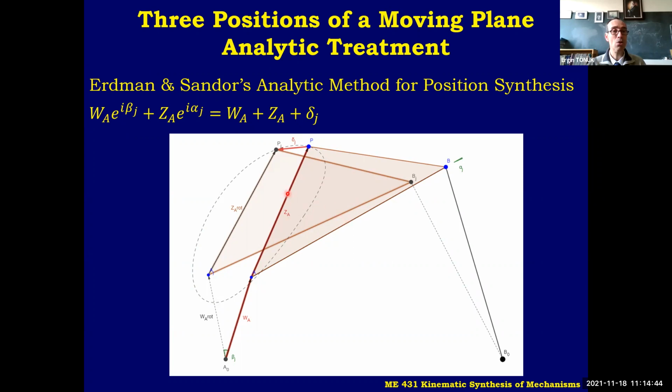It is the rotation of the moving plane. So again, I'm at point PJ. So these two quantities are equal. Is this clear? I have WA plus ZA plus delta J at point PJ. It is the same as WA e to the i beta J. This angle is beta J. Let me write it.